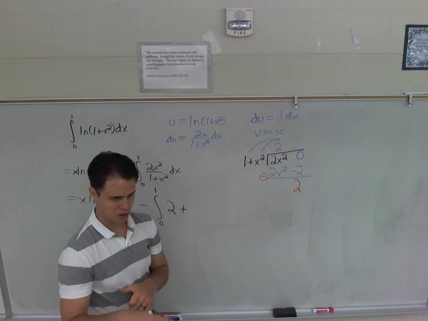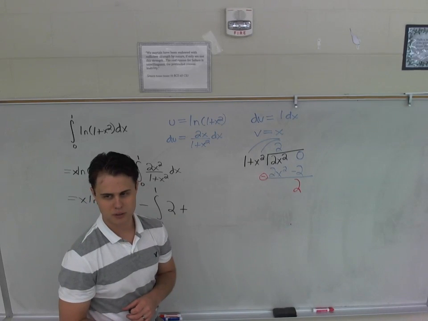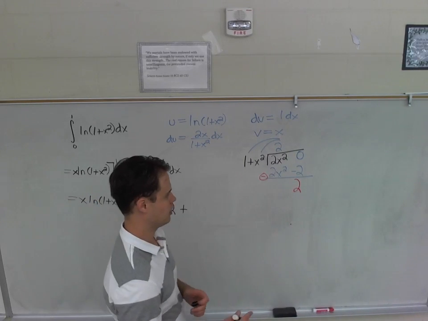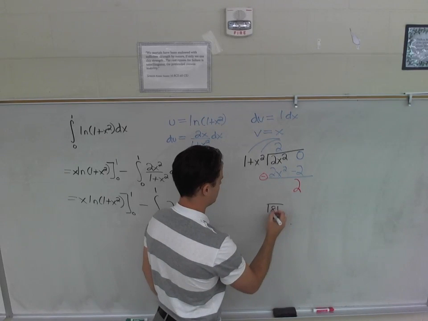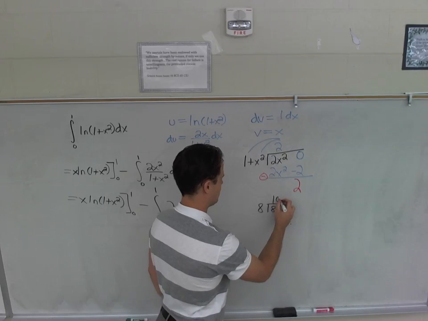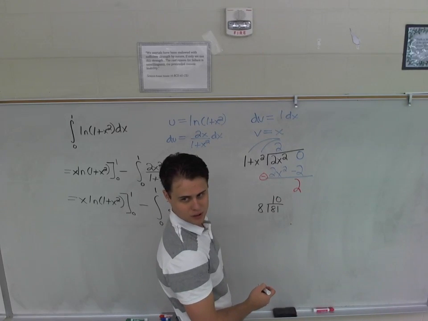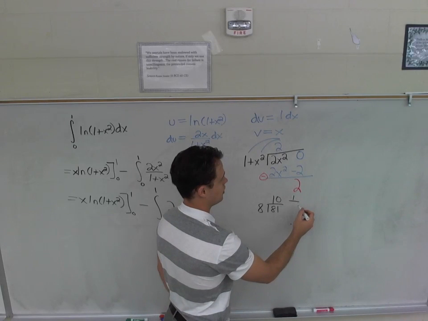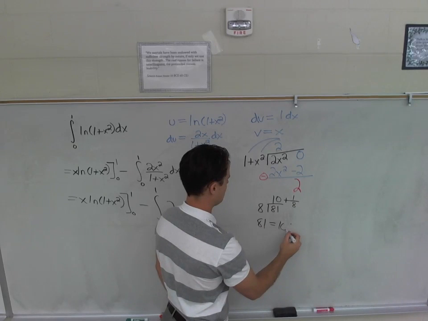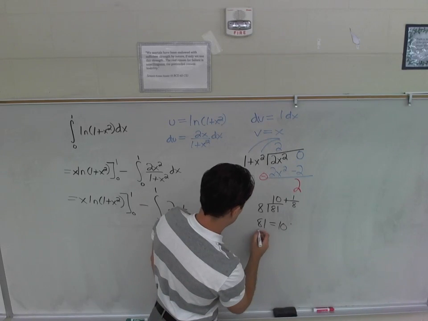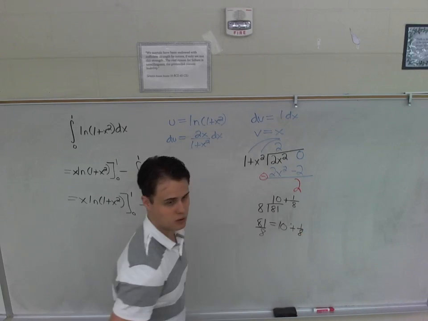If your teacher a long time ago said, you know, just put the remainder as 2 there, they weren't really right. Let me just refresh your memory. What if you had 81 divided by 8? Well, you figure out that the answer is 10, and you have a remainder of what? 1/8. 81 divided by 8 is 10 plus 1/8, is it not?